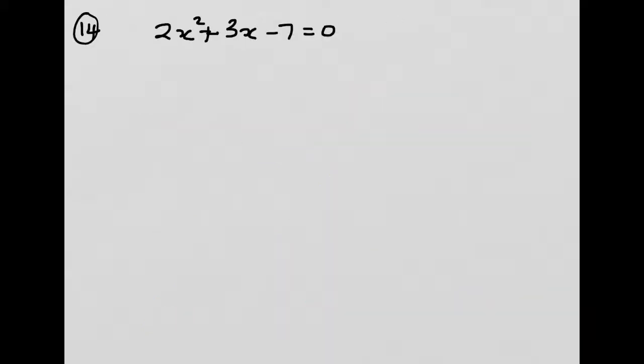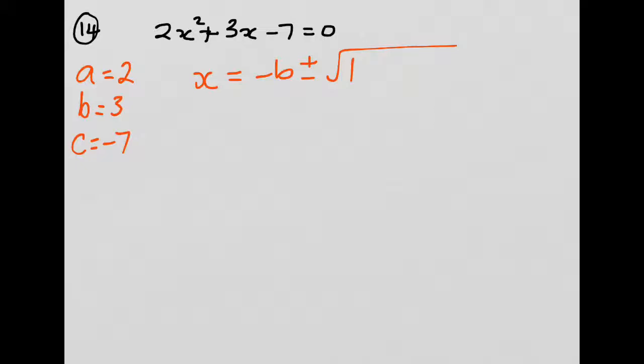Question 14, quadratic formula. So a is worth 2, b is worth 3, and c is worth negative 7. The quadratic formula is negative b plus or minus the square root of b squared minus 4ac, all divided by 2a.